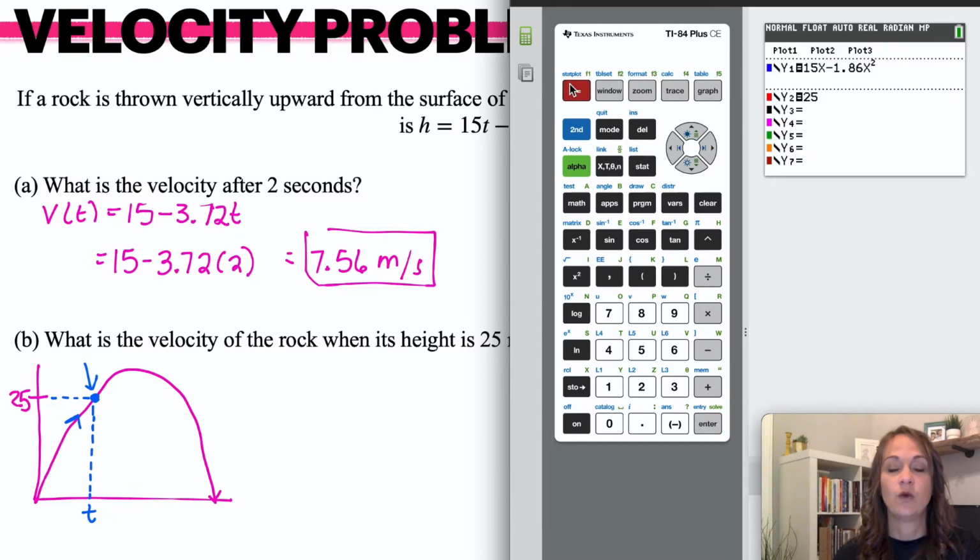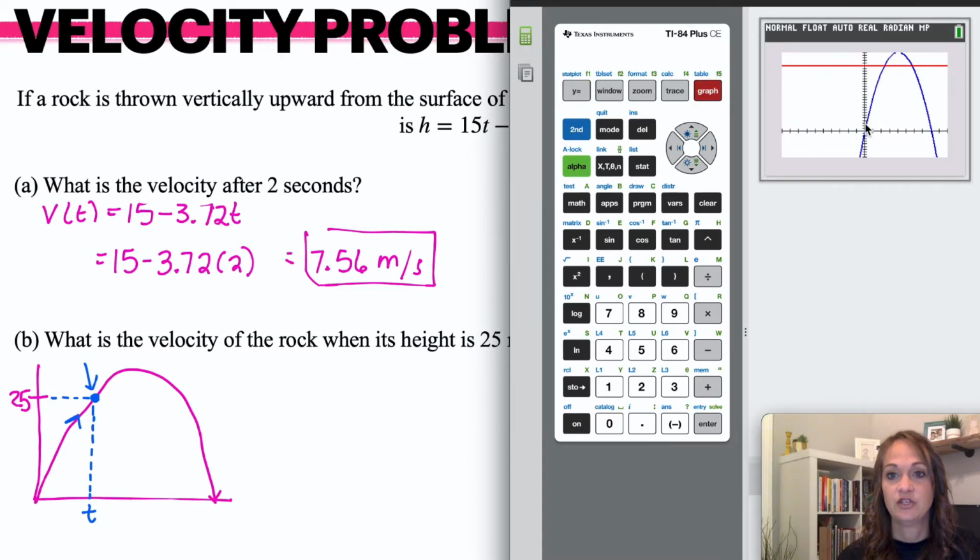In y equals, graph the function, and I want to know when does it reach 25 feet, or I guess meters in this case. So I made a horizontal line at 25. If you graph it, you have the rock graph, and I want to know when does it cross 25 meters on its way up.